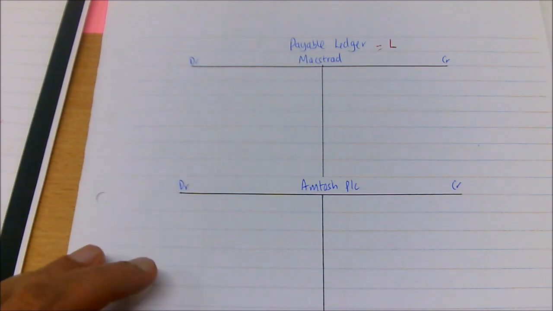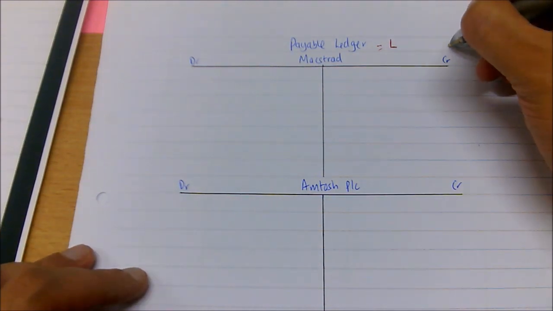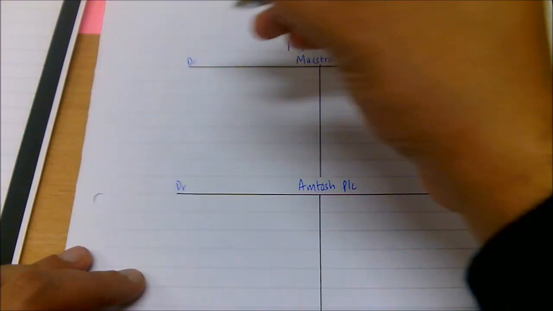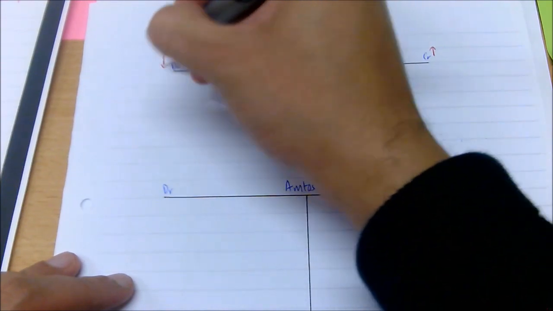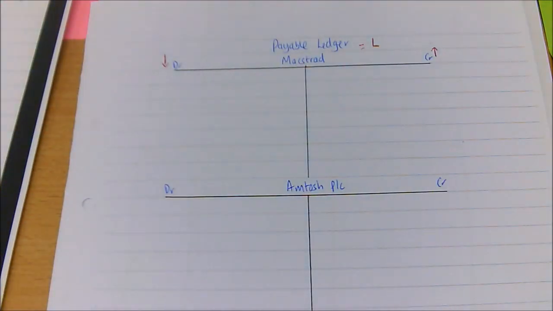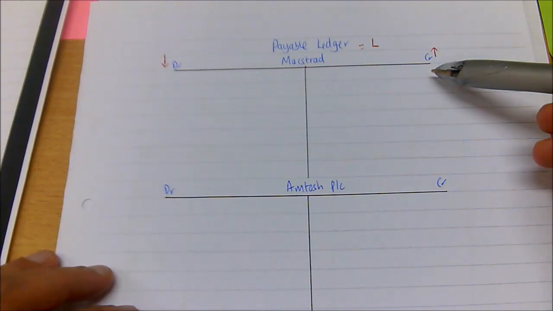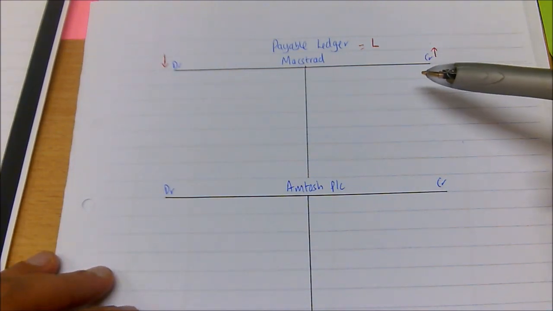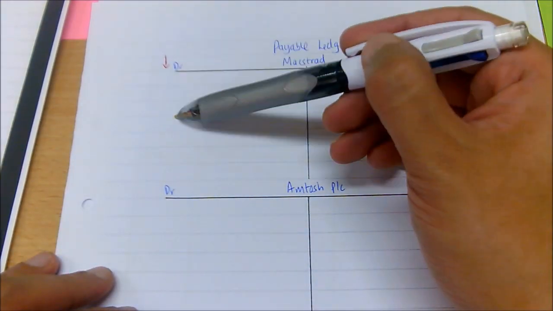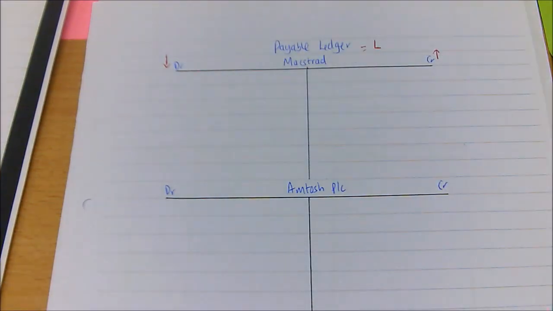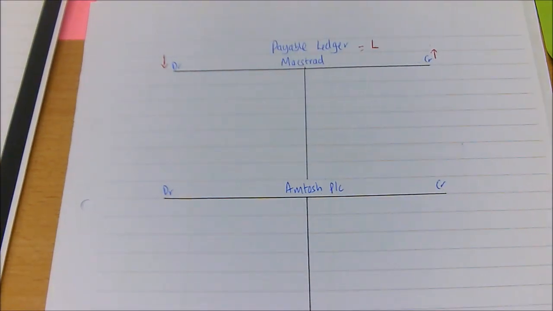So this side here would increase the liability, this side here would decrease the liability. So if we owe the supplier more money, it's going to go here. If we owe the supplier less money, it's going to go on the debit side. So just bear that in mind as we go through this.